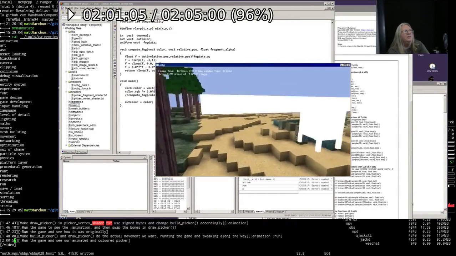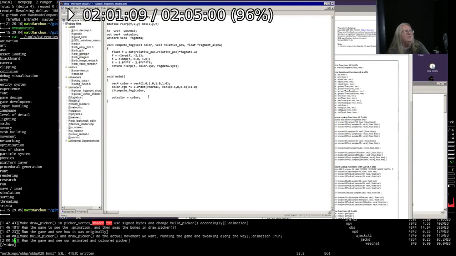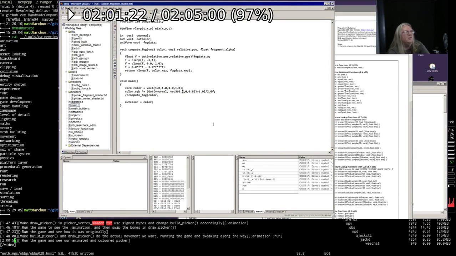No, it doesn't need to be plus 1. That's not right either. Wait, what does it output? It outputs -1 to plus 1. So you want to add 1 and divide by 2. That's what it is. And yeah, it's probably okay that the light is from above.